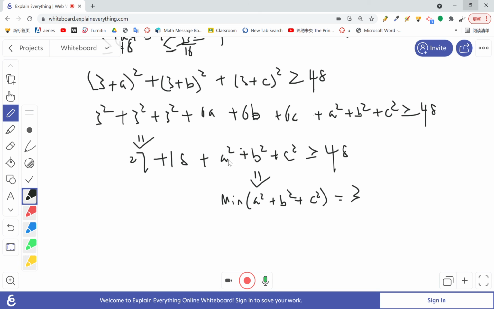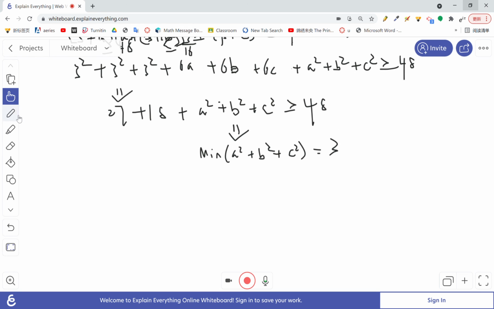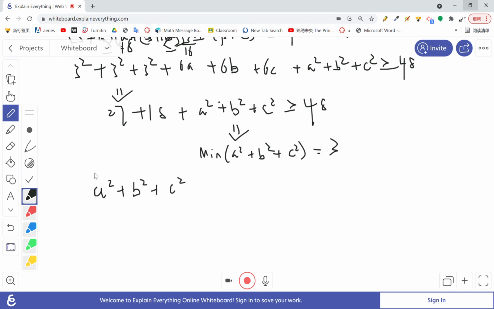So how do you prove this? Well, I use Cauchy-Schwarz again, using it twice. You say that you have (a squared plus b squared plus c squared) times (1 plus 1 plus 1), which is larger than or equal to (a plus b plus c) squared.